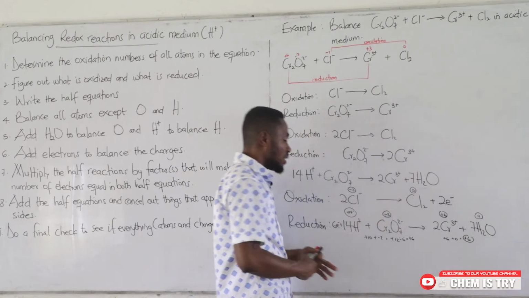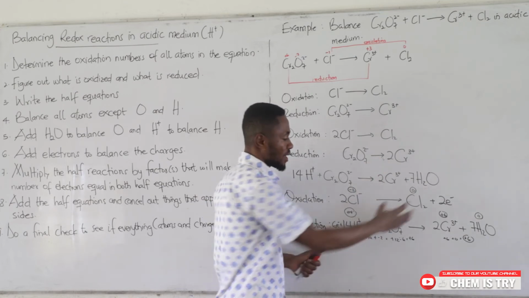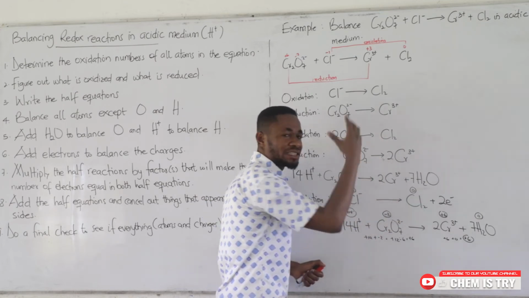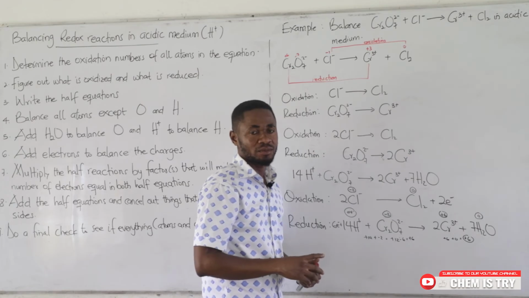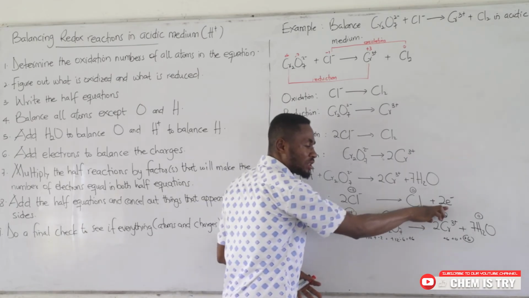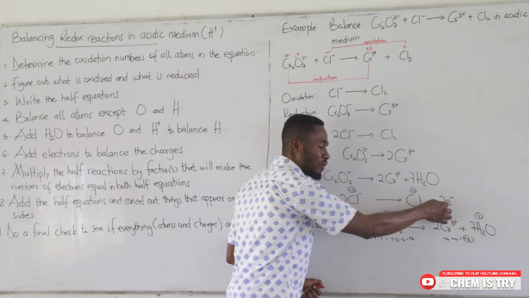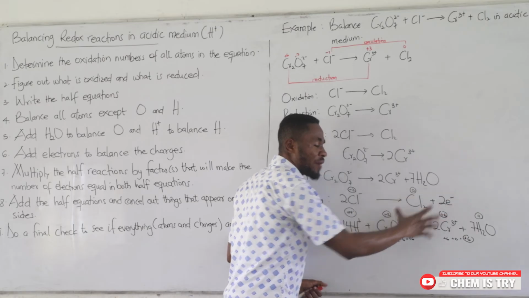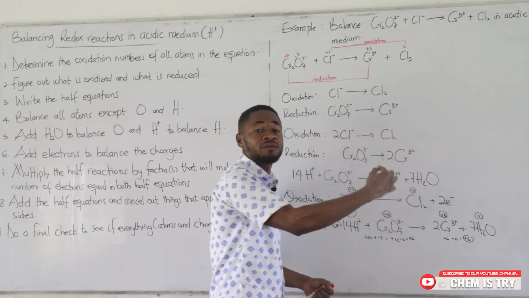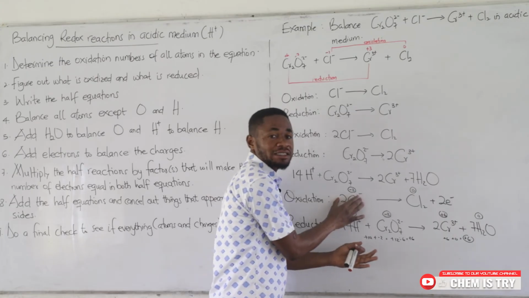This means that the reactant has a -2 charge, and the product side has 0 charge. Now, to balance the charges, we can add 2 electrons here. Now remember, electrons are negatively charged. So when we add 2 electrons over here, this side will end up having a net charge of -2, which is the same as the net charge at the reactant side.